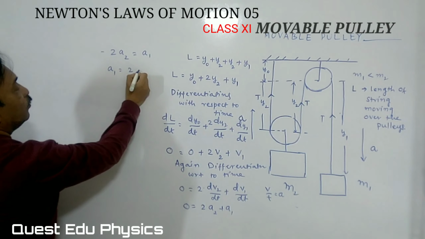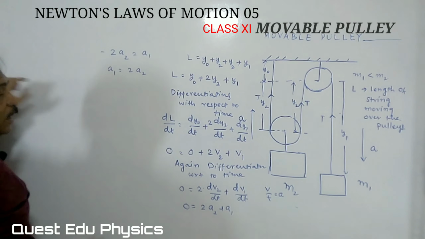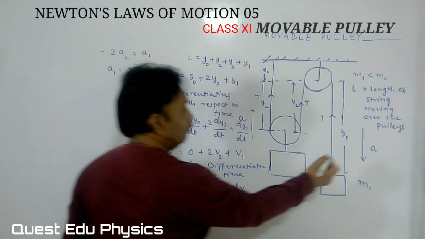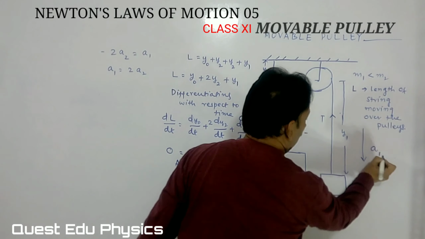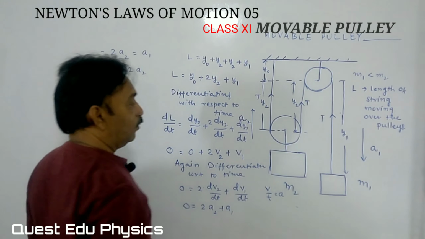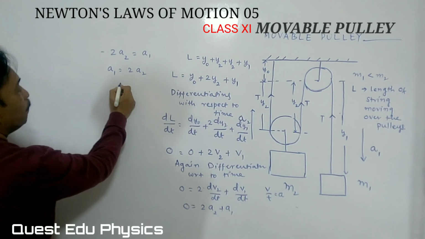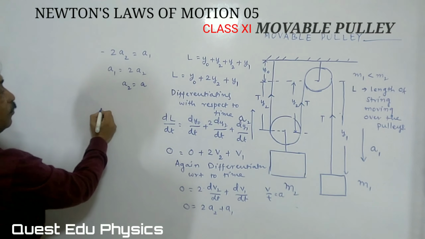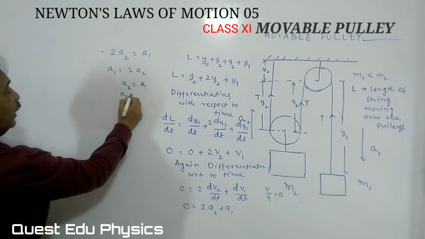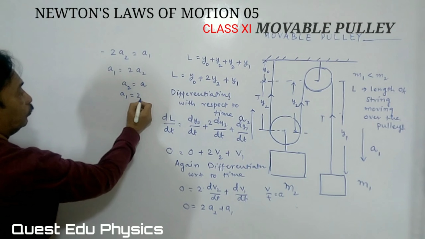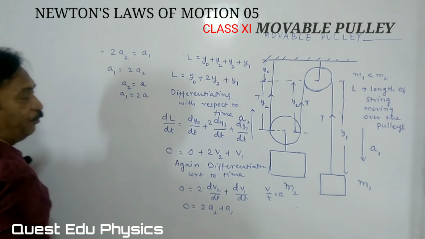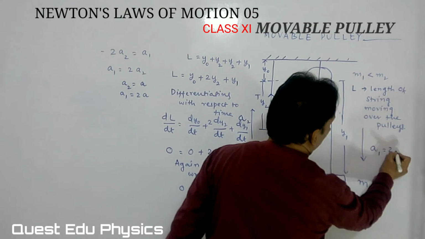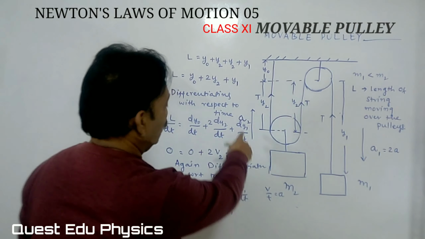Here I am writing it as positive because the accelerations are working in opposite directions. Let's say a2 is equal to a, then we get a1 is equal to 2a. It means this one moves down with an acceleration twice of this.